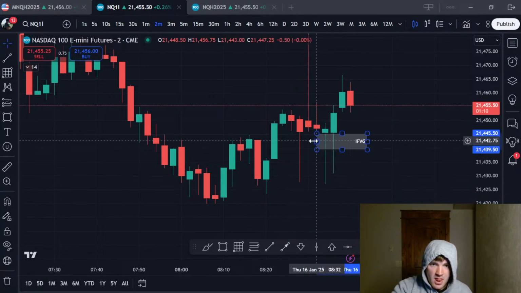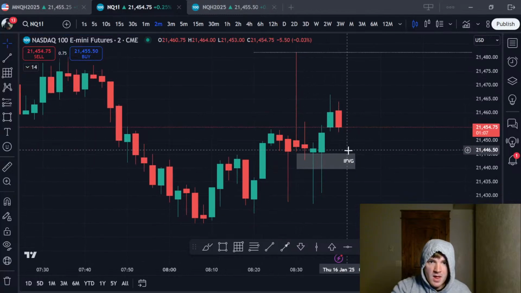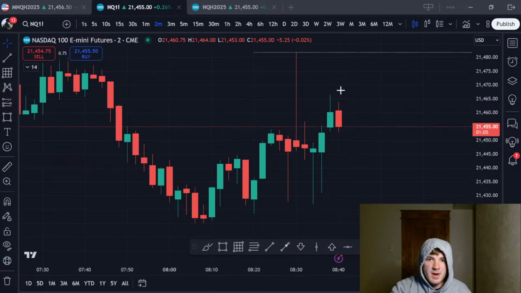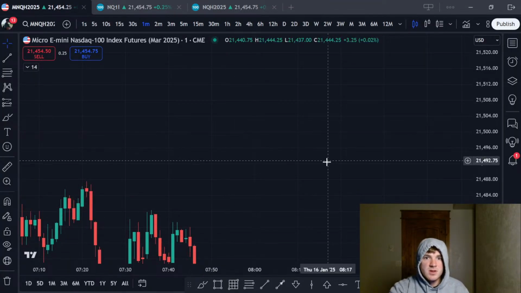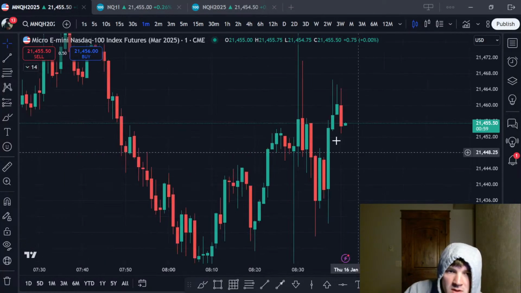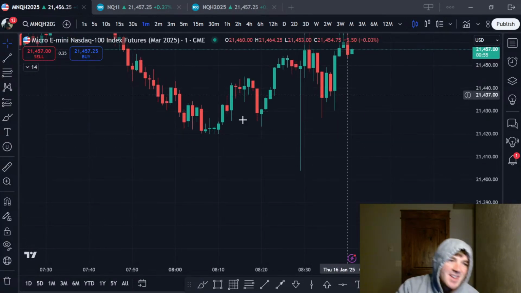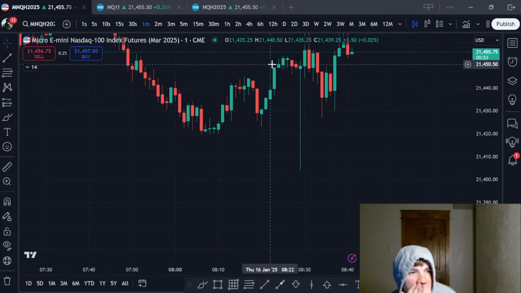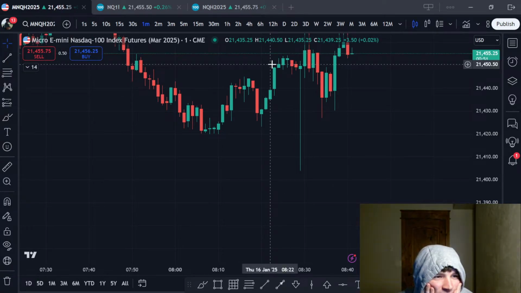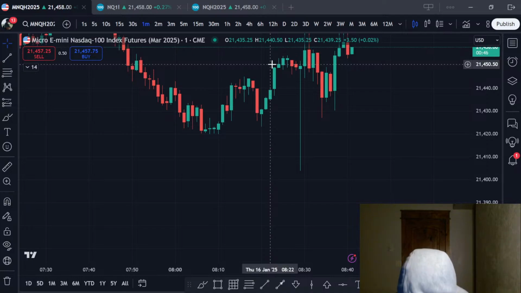I want to be on MNQ, so let's go over to this. Okay, it's because MNQ still has the data low. That's so weird. Can someone explain to me how that makes any sense? Why is it not the same thing? Why is it different?